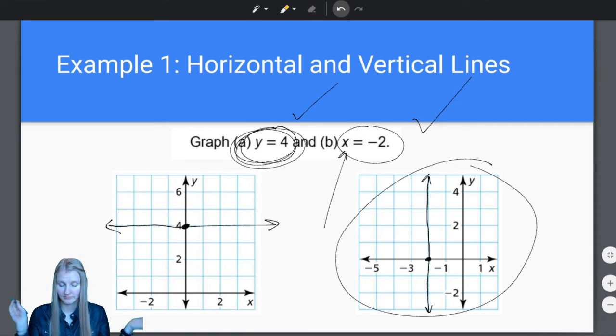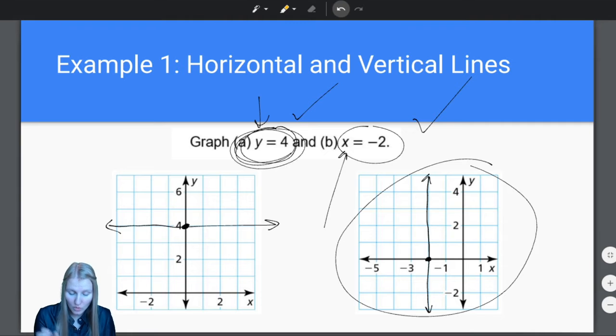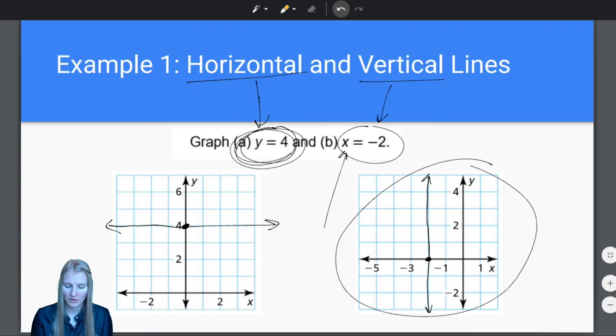And there you go. Done with the problem. So, y equals crosses the y-axis, so these are horizontal lines. And x equals crosses the x-axis, so these are vertical lines.